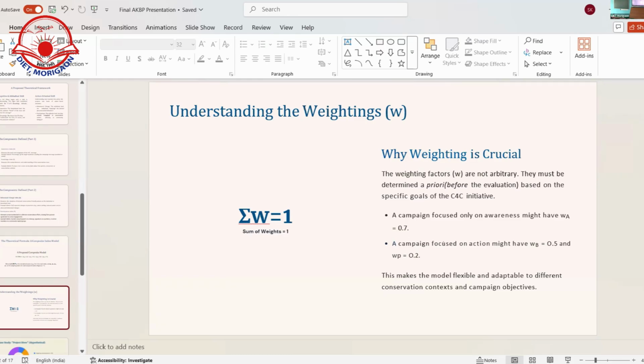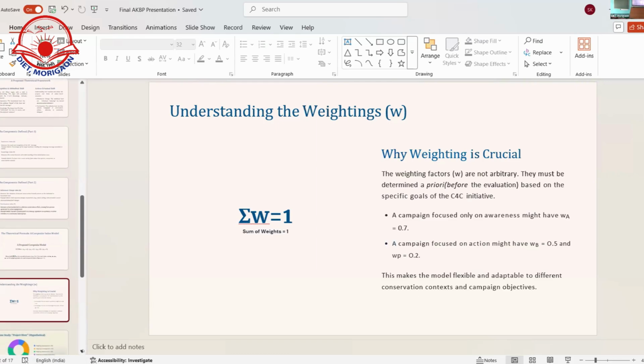For a campaign focused on action, WB, the weight given to behavioral change, can be 0.5, and participation can be 0.2. This makes the model flexible and adaptable to different conservation contexts and campaign objectives.